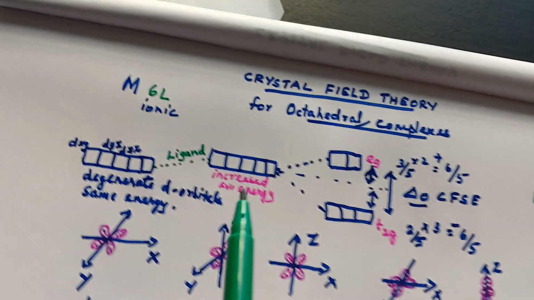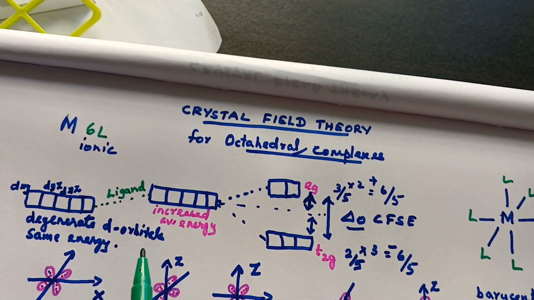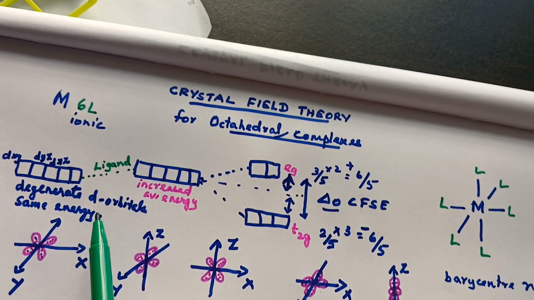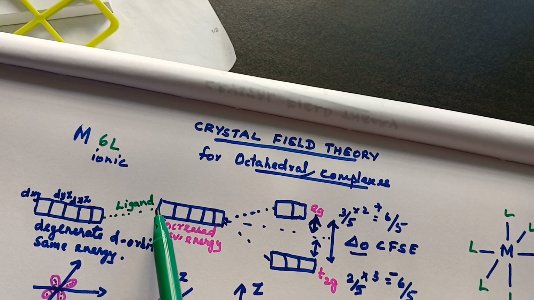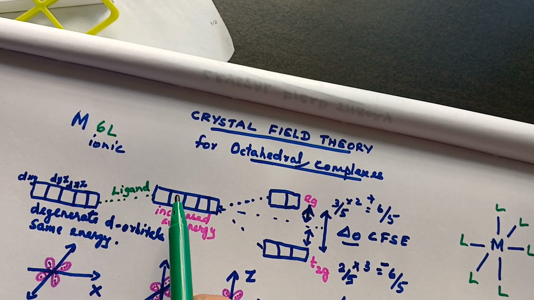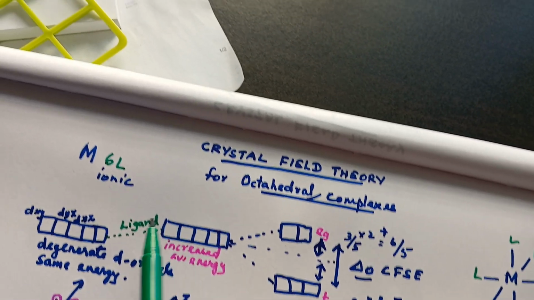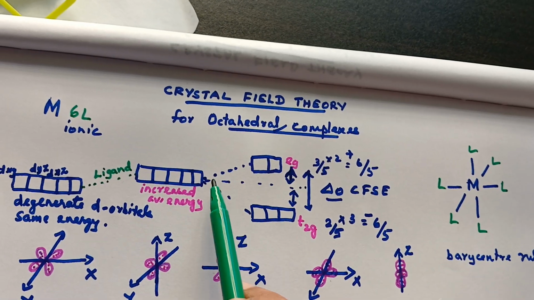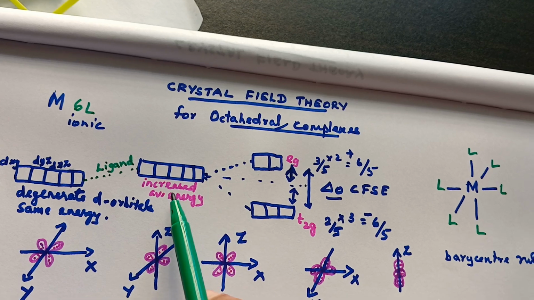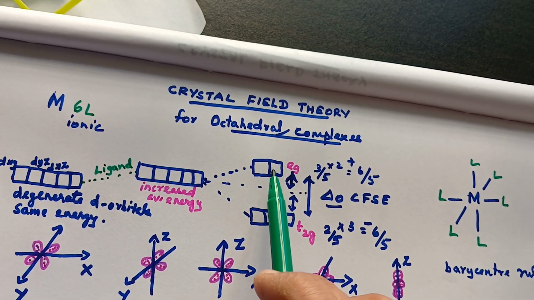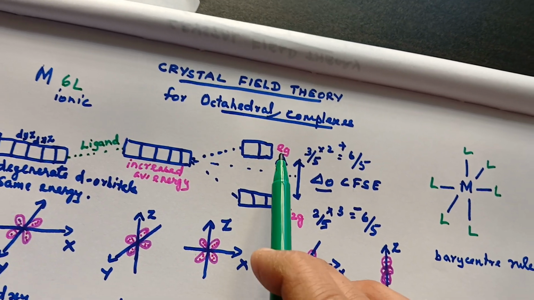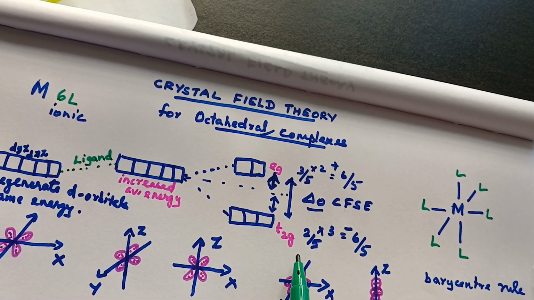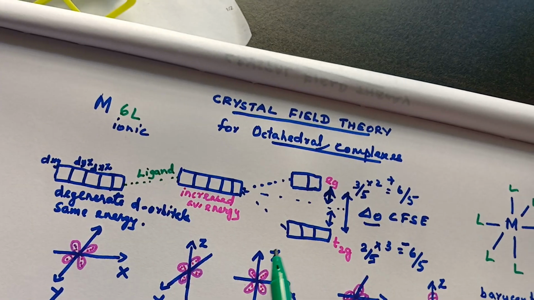So if we recap once again, the 5 degenerate orbitals lose their degeneracy with the coming of the ligands. There are electrostatic forces of repulsion, because we consider it as an ionic bond. Then with an increased energy, the orbitals split into two sets, Eg having higher energy and T2g having lower energy.